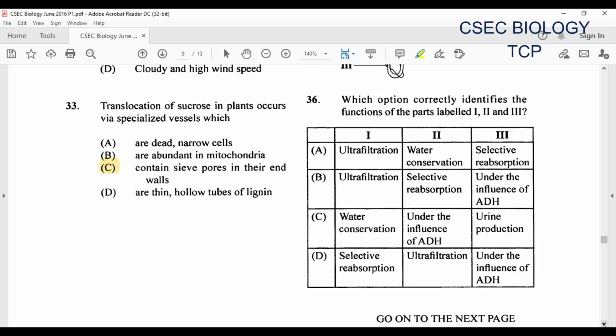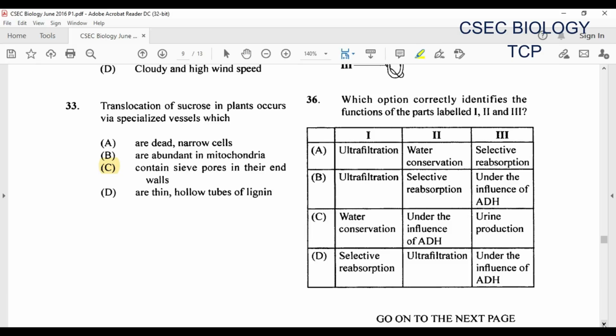Alright, so A, ultrafiltration, plausible for 1. Water conservation, that's out. Selective reabsorption, not the best thing there. Ultrafiltration for B, selective reabsorption, that sounds plausible. Under the influence of ADH for B, that sounds plausible to me. C, water conservation.